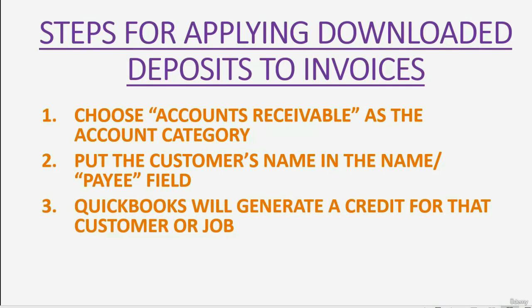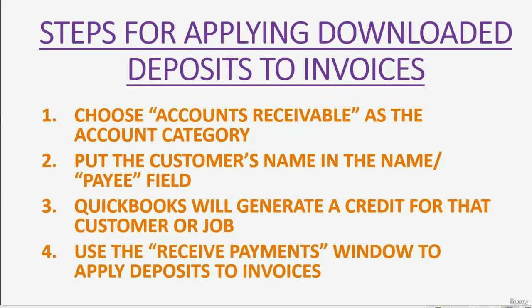QuickBooks will generate a credit for that customer or job that you will be able to see in the customer reports. And then you leave the Bank Feeds window and go to the Receive Payments window to apply that recorded deposit that you just recorded from Bank Feeds to any open invoice.